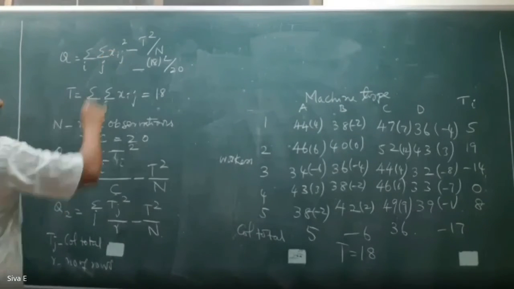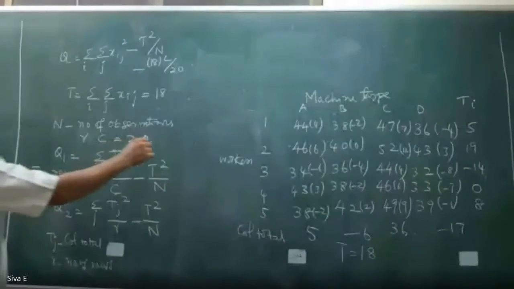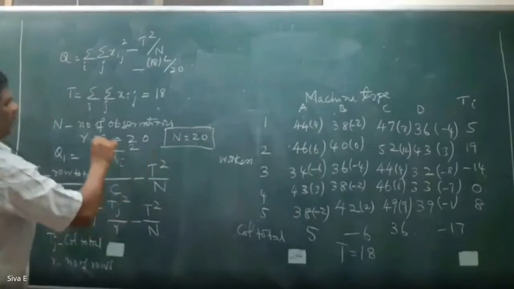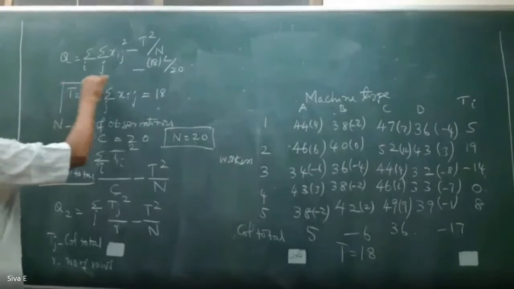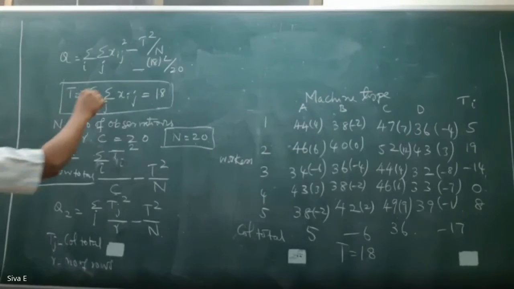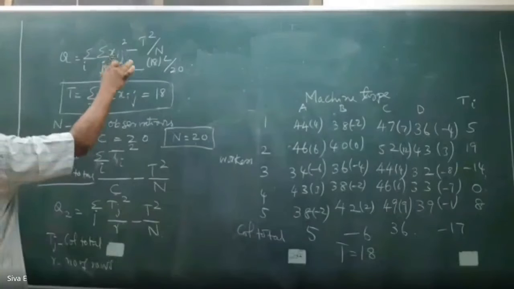Capital N equals 20, capital T equals 18. To find capital Q, what is the summation of all the squares?